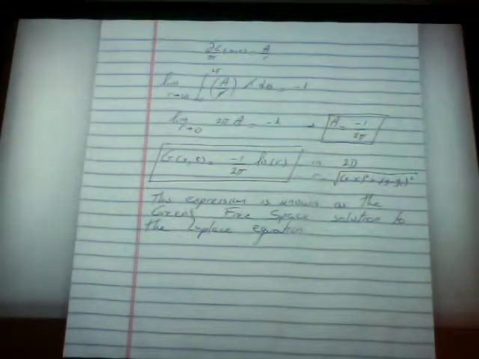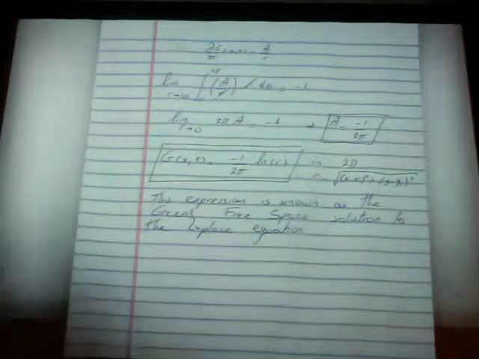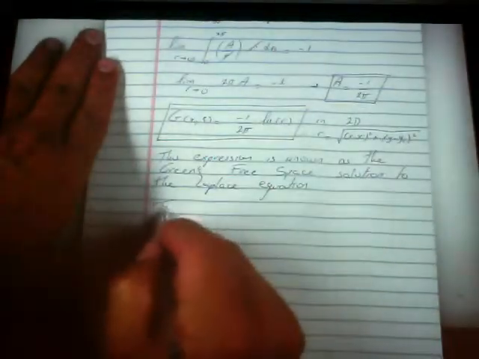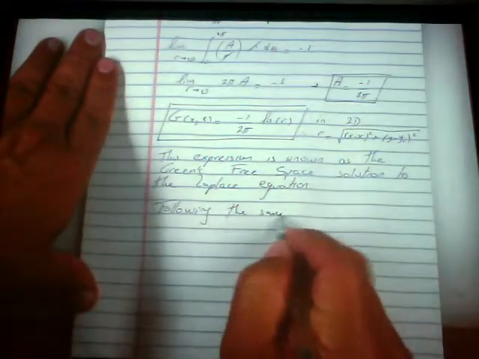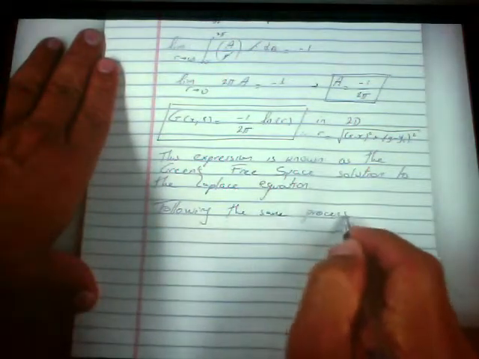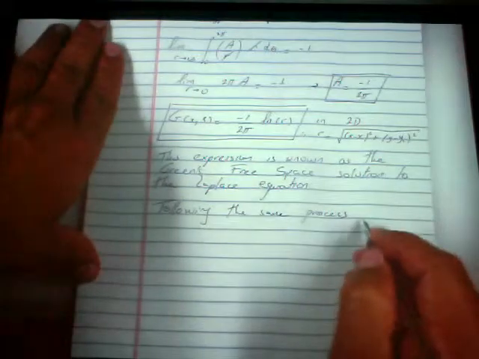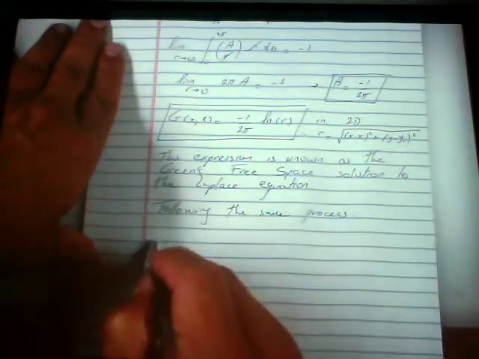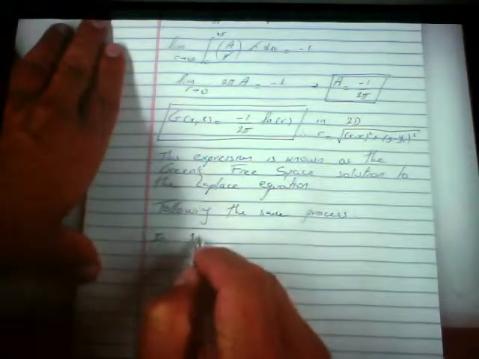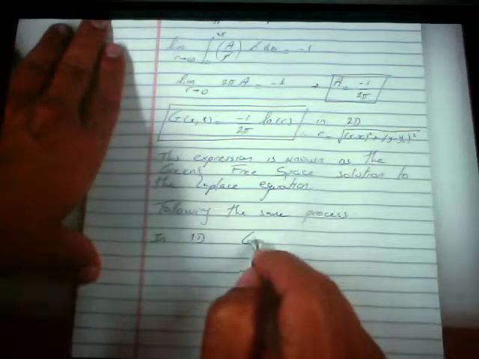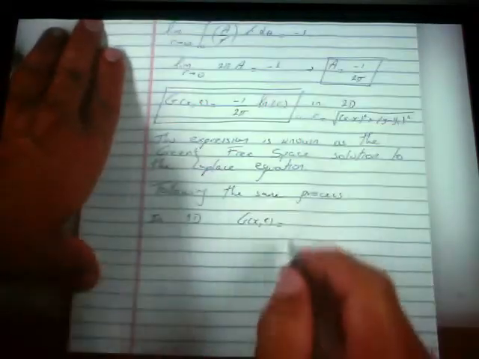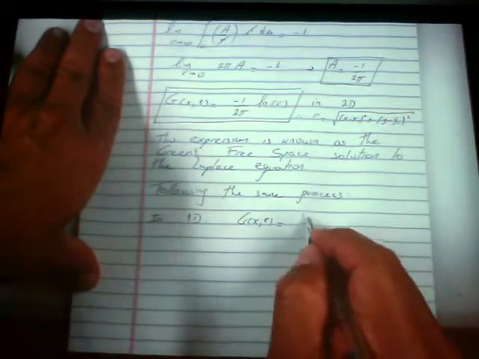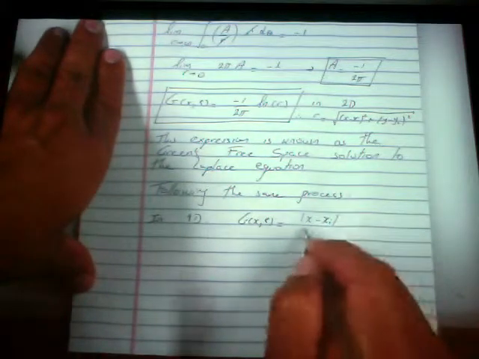If we follow the same process in 1D, the Green's free space solution is the absolute value of x minus xi, divided by 2.